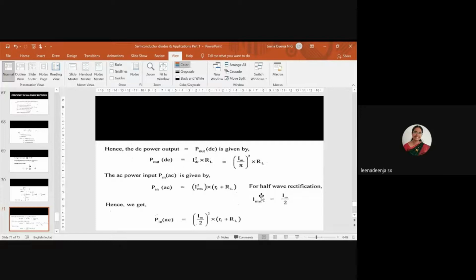Ini, IRMS for this half wave is Im by 2. Therefore, this input AC power is equal to Im by 2 the whole square into RF plus RL. This is the equation P out, then Pn we get another equation.